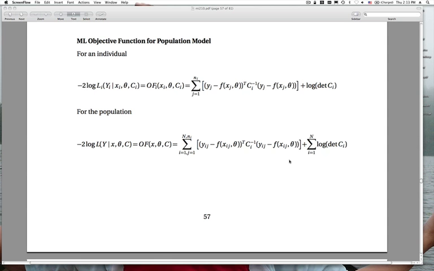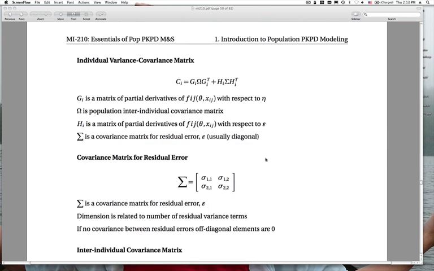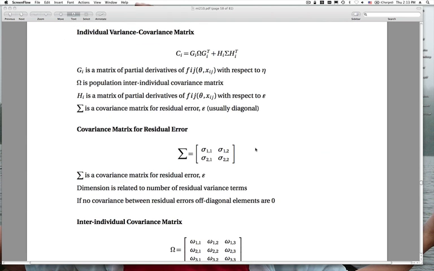What we now need to understand is how does this one term C sub i enter in the model? How does this variance enter this, and what does it really mean? The individual variance covariance matrix, C sub i.